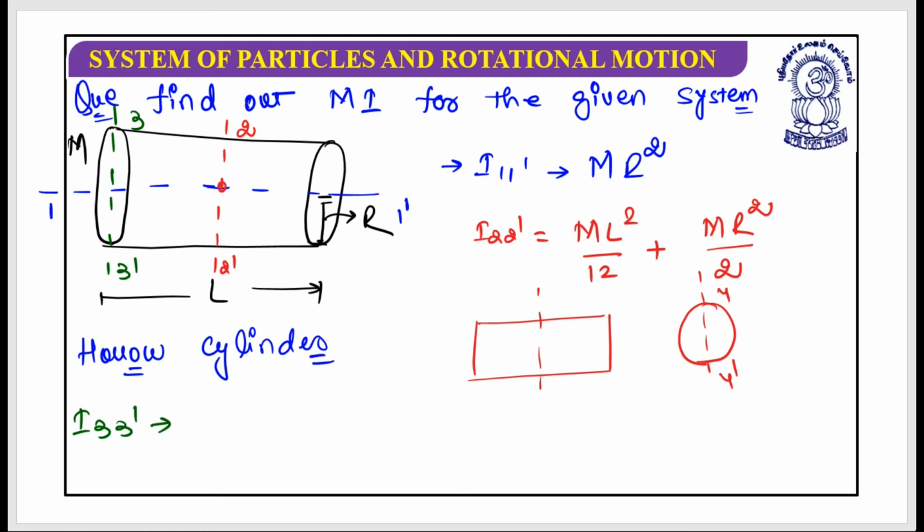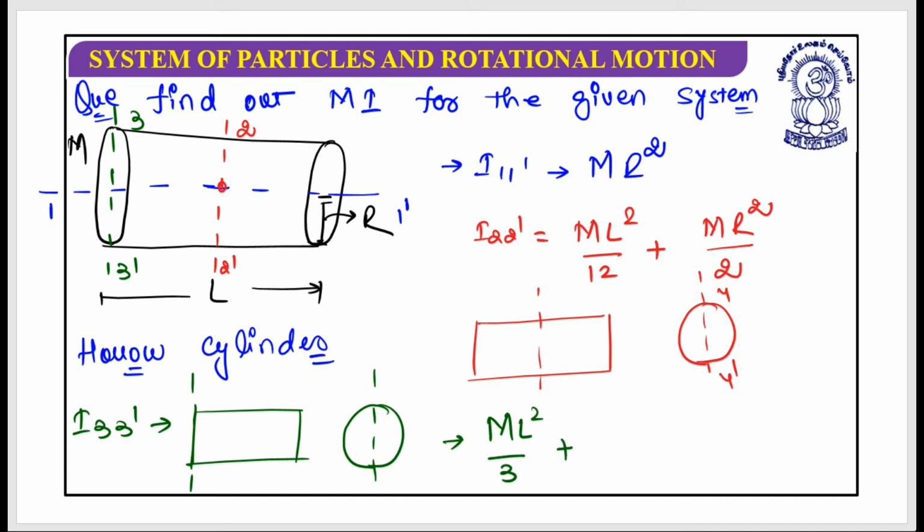For the 3 3 dash, you will look at this rod as it is, something like this, and then again the situation remains the same. So it is rotating from the end. This could be written as m l square by 3 plus m r square by 2.